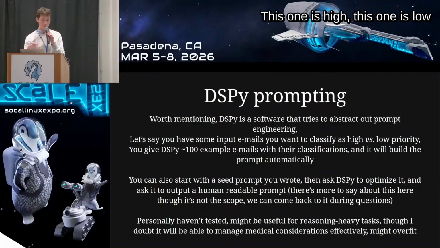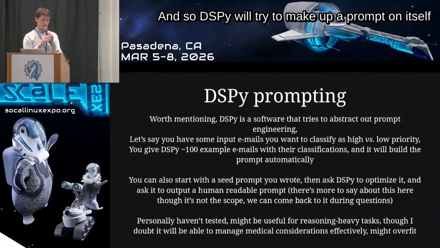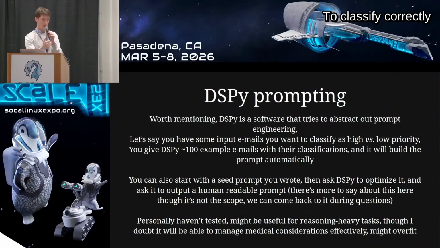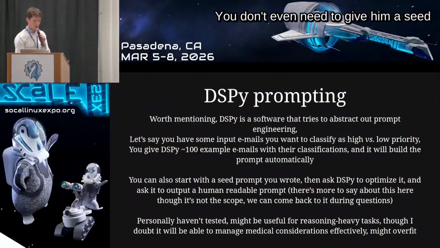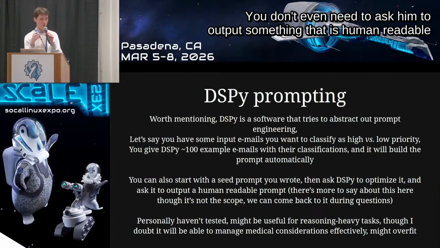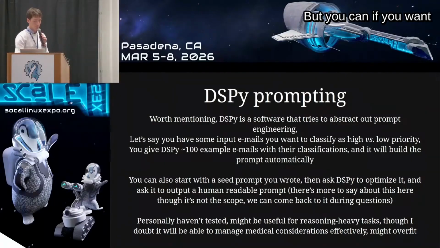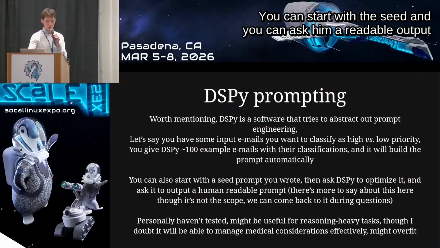This one is high, this one is low. And so DSPy will try to make up a prompt on its own to classify correctly. You don't even need to give it a seed. You don't even need to ask it to output something that is human readable, but you can, if you want. You can start with a seed and you can ask for a readable output.